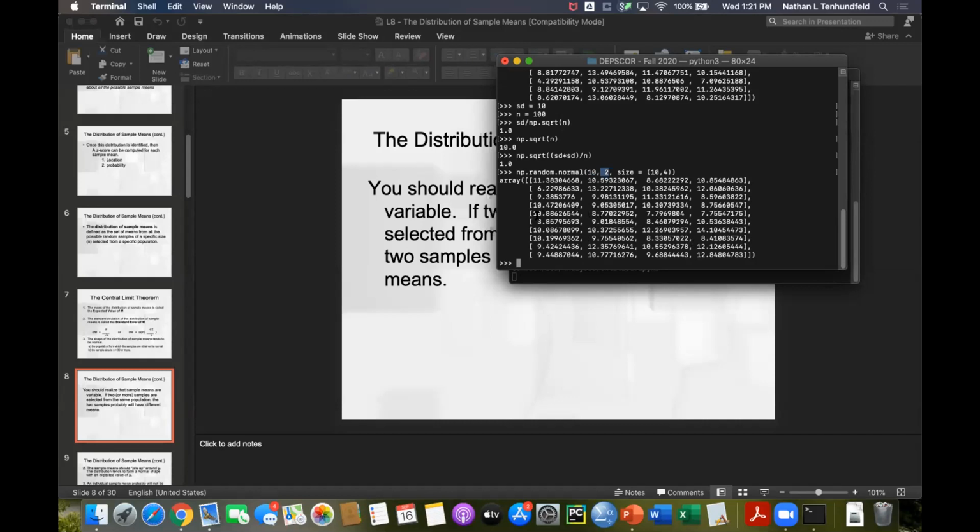You're going to have some extreme samples, like one that has a mean of 3.86, and others that have a mean of 14. But these are all pulled from that same population. And so just by chance, you're going to get some of these extreme values here that are not necessarily representative of a population whose mean is 10.